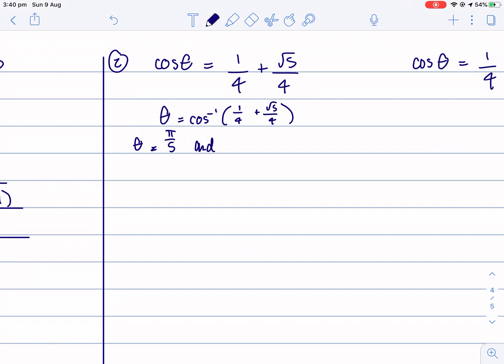Of course, because it's cos and coming out as pi on 5, the other positive value is going to be down here. So 2 pi take pi on 5. So that's 9 pi on 5.